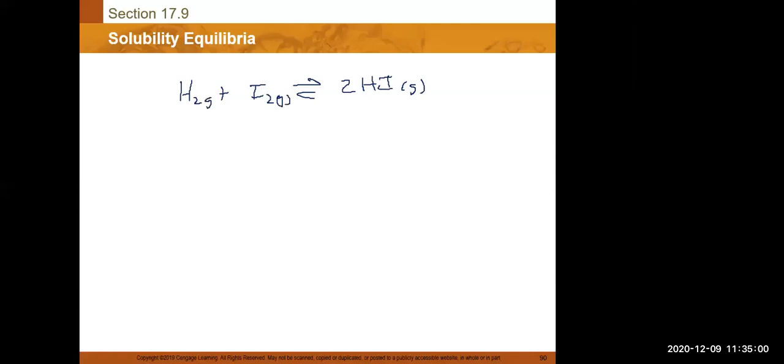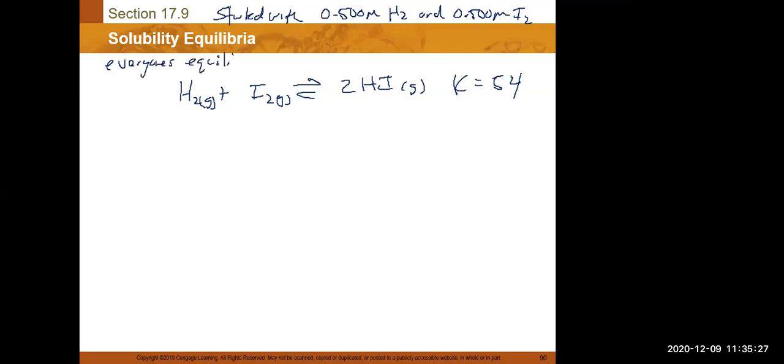We'll say the K is like 54 or something like that. And let's say we started with 0.5 molar H2 and 0.5 molar I2. We want to know what is everyone's equilibrium concentrations.